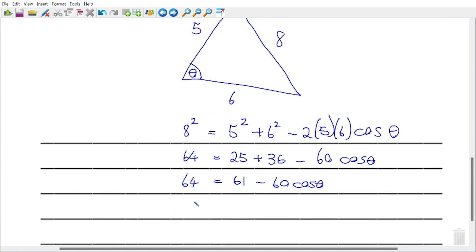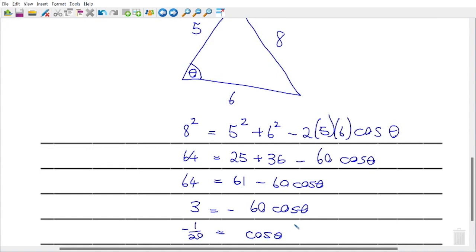I'm going to subtract 61 from both sides. I get 3 is negative 60 cos theta. I'm going to divide both sides by negative 60, and I get negative 1/20th is cos theta.